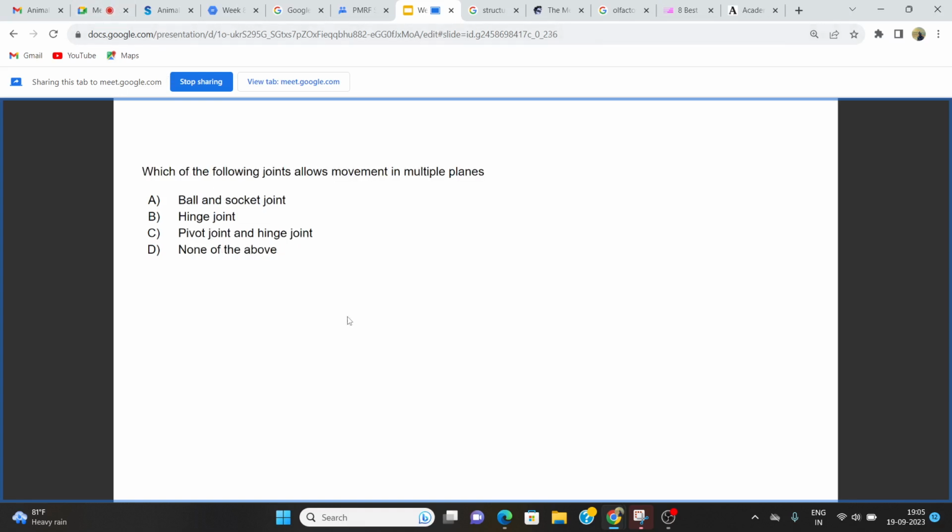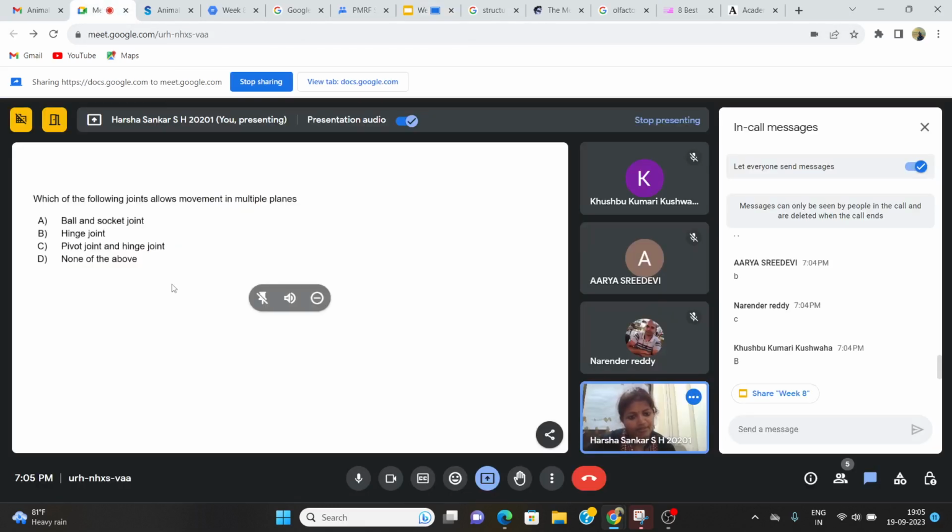Which of the following joints allows movement in multiple planes? Ball and socket, hinge joint, pivot joint, none of the above. Multiple movement, we can move in any way.